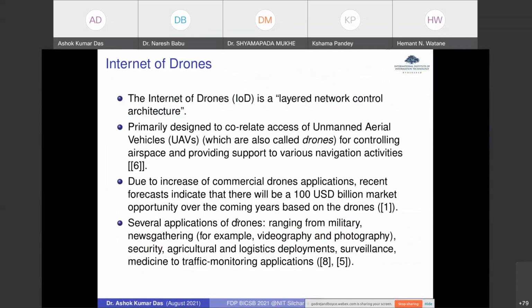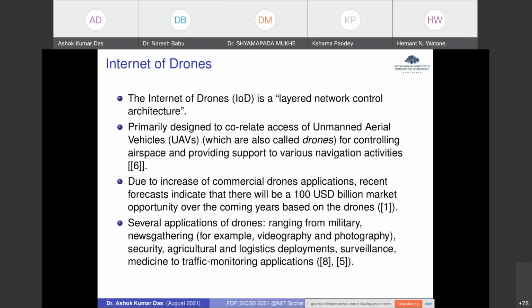Now we talk about this case study. First of all, let me give a very big overview. What is known as the Internet of Drones? It is treated as a layered network control architecture where drones can be deployed in some flying zones, some partitioned zones known as flying zones.